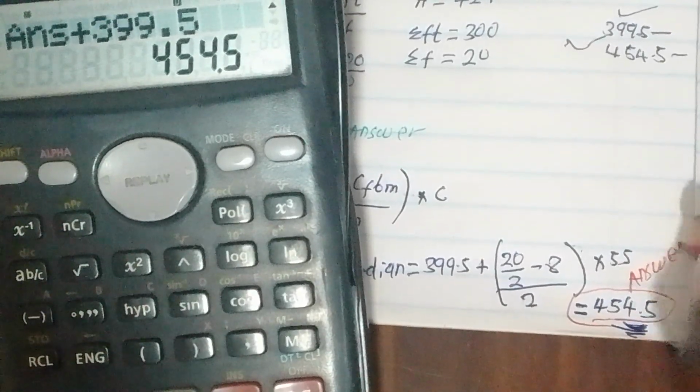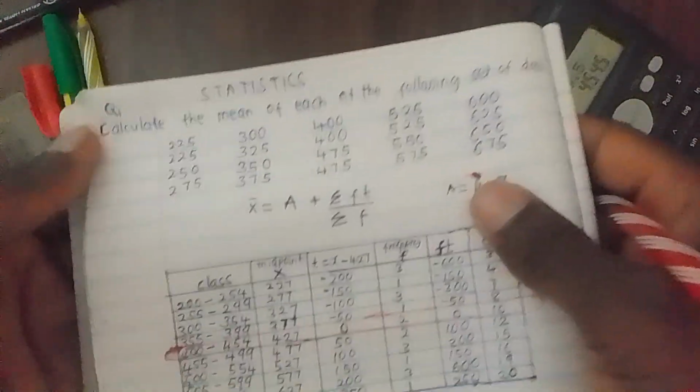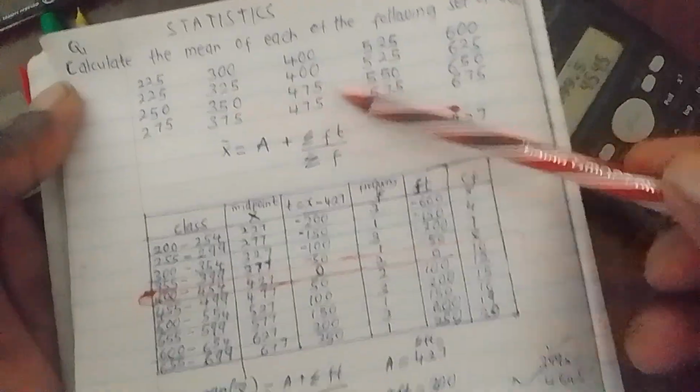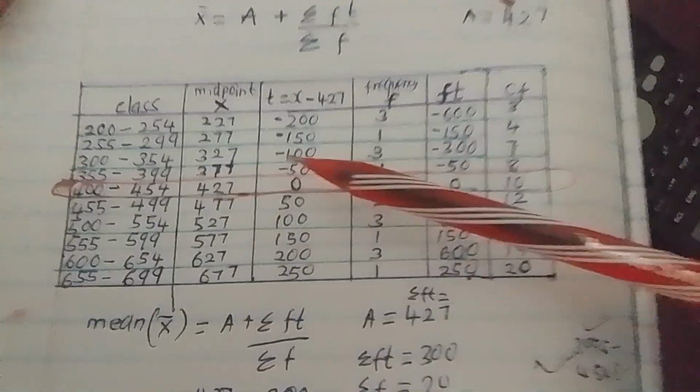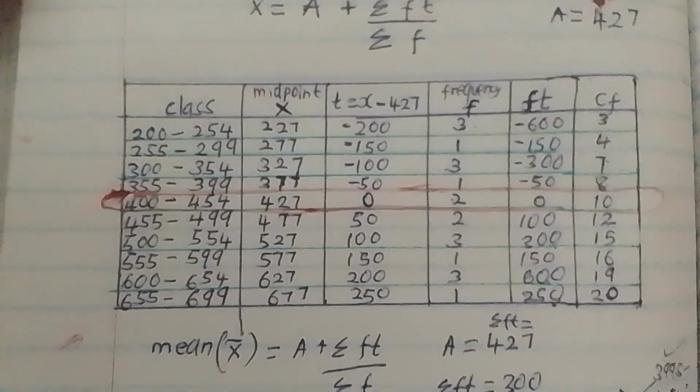This is where we started. We started by calculating the mean. We started by grouping them in our table. That's how the table looks like.